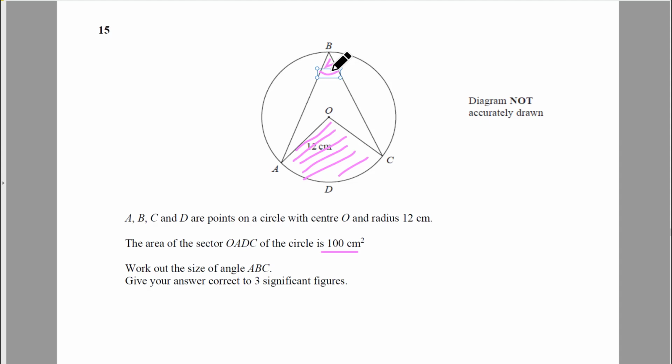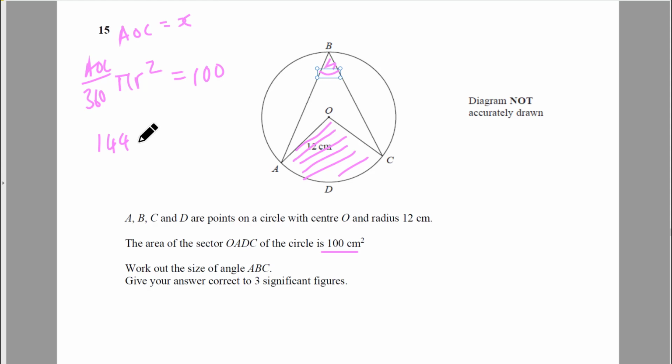Let's form our equation. So the area of the sector, or the area of a circle at first, is pi r squared, correct? And it's going to be the angle AOC over 360. And that equals 100. Now we know r is 12, so let's have 144, and I'm going to call AOC x for now to make it easier.